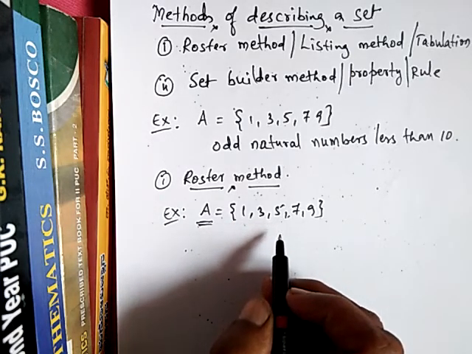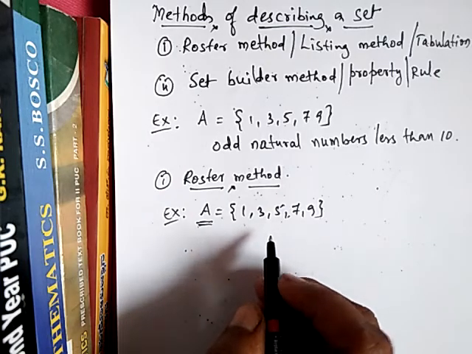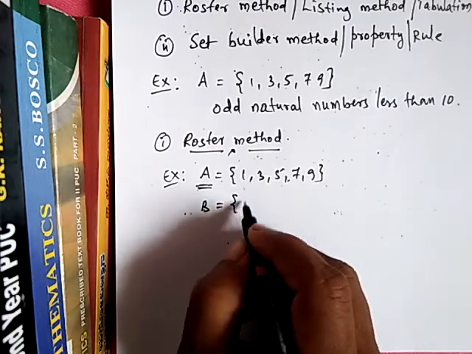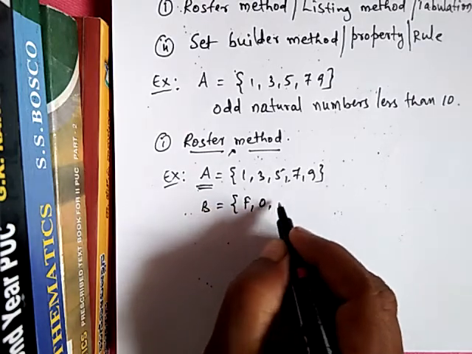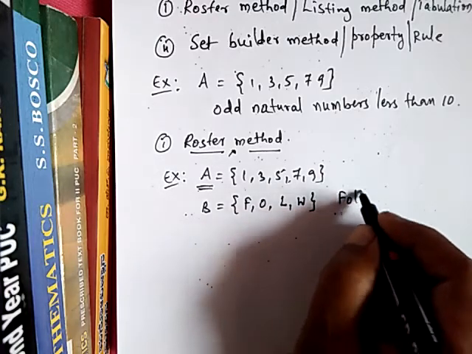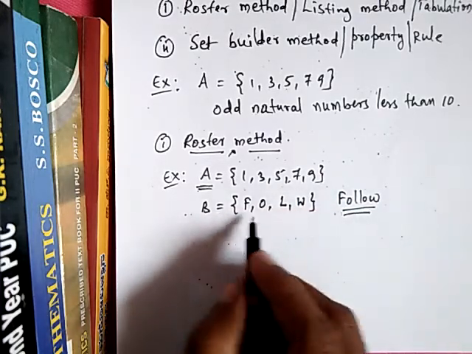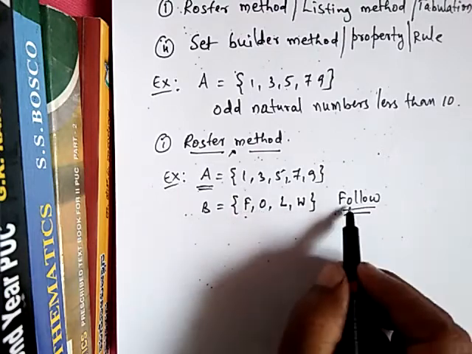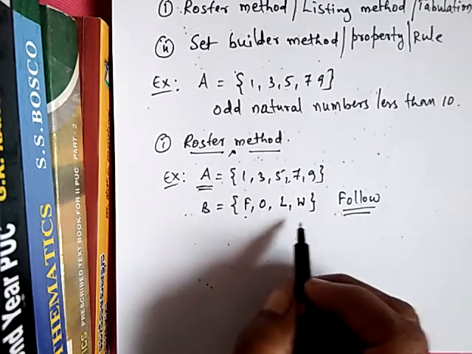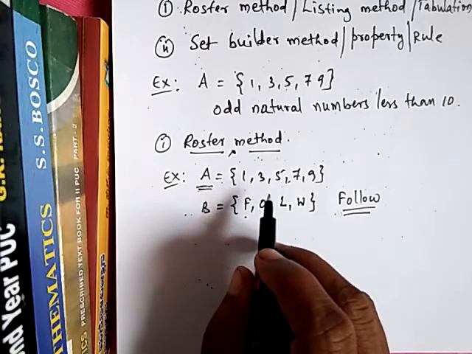Okay, so one more example you can take like this. For example, B. So F, O, L, W, you can take the word follow. From this word, these are the letters. You should not take double O, because here it should not be repeated. Same element should not be repeated in the roster method.